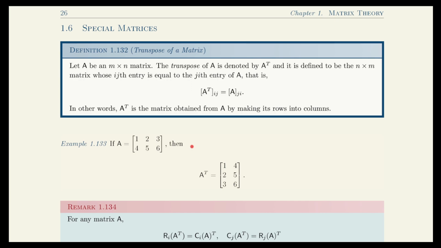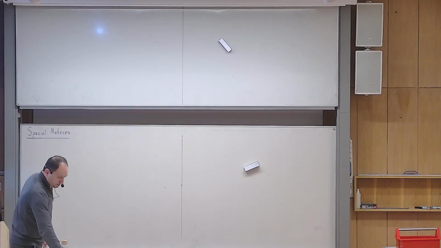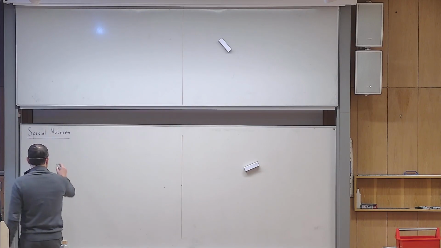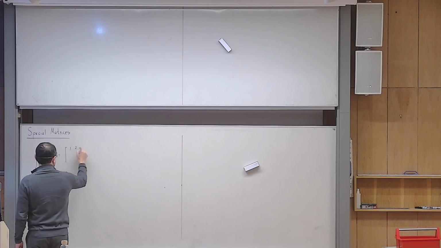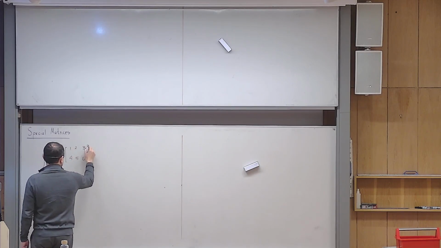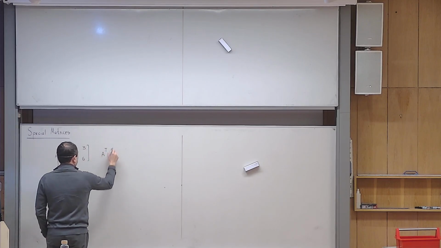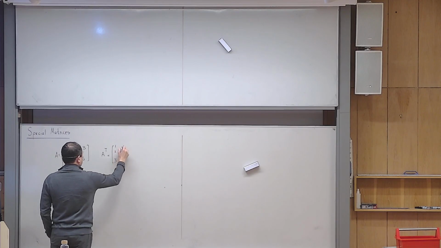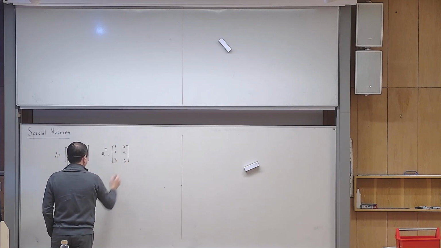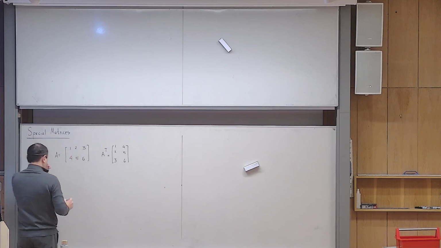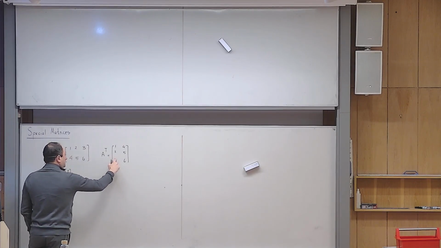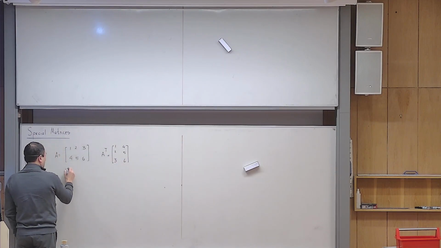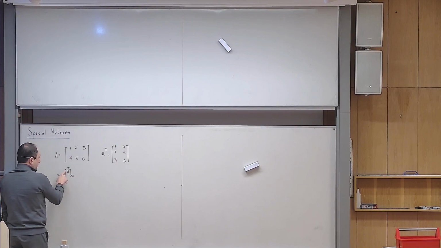For example, let me write it here on the board. If you have this matrix, A is 1, 2, 3, 4, 5, 6. So A transpose is 1, 2, 3, 4, 5, 6. Yes? And then, for example, if I ask you for entry 3, 2 of this matrix, what is that entry?